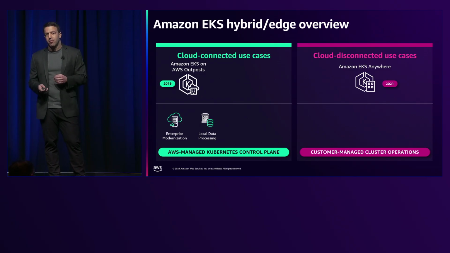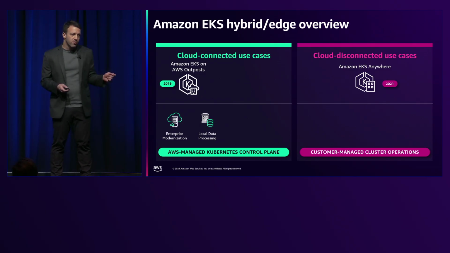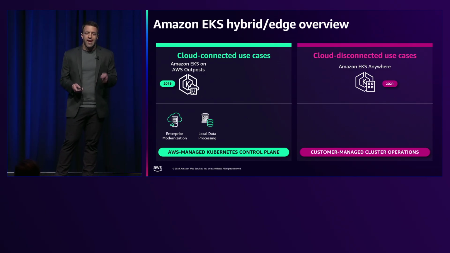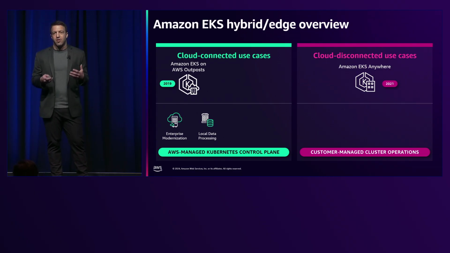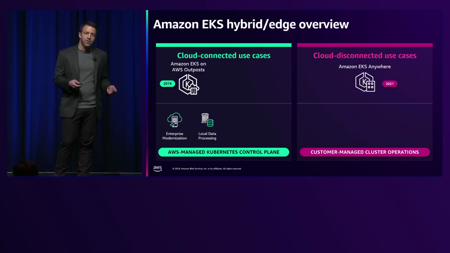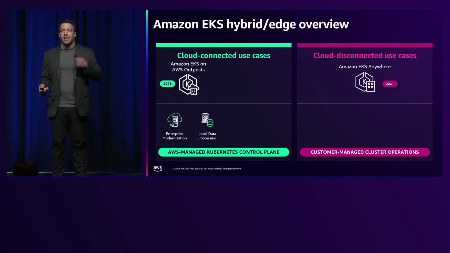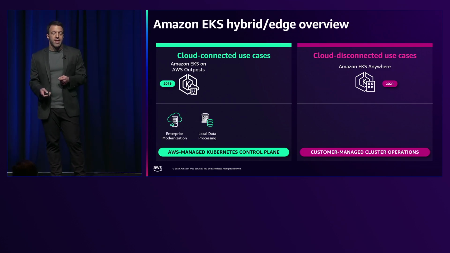EKS-A is a fully customer-managed solution with infrastructure providers, Kubernetes components, and operating systems tested and supported by AWS. An EKS-A subscription also comes with AWS support for a curated set of add-on packages that extend core Kubernetes functionality for load balancing, ingress, monitoring, and more.